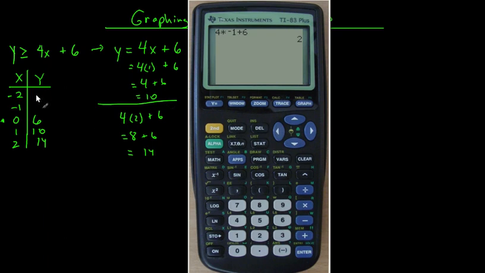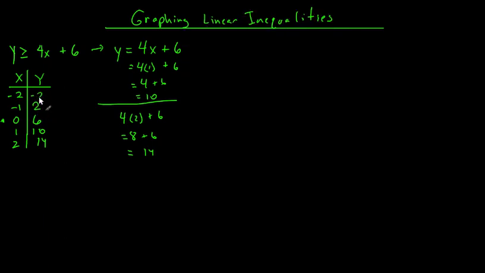It's going to be 2, and we can go ahead and do it for the other one. Oh, yeah, -2. So we'll do 4 times -2 plus 6. Alright, and so for -1 we get 2, and for -2 we get -2, so first we get 2 and then -2.